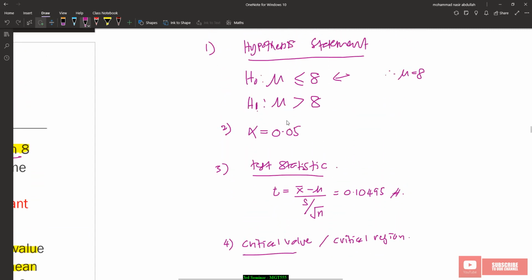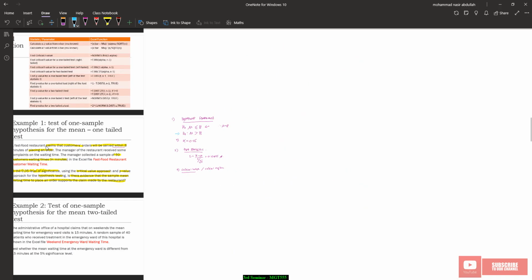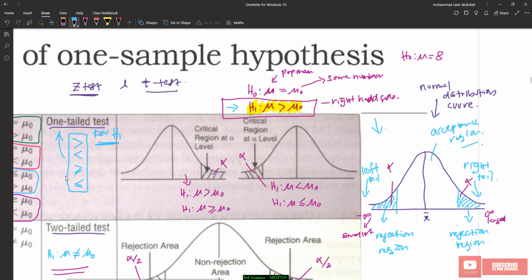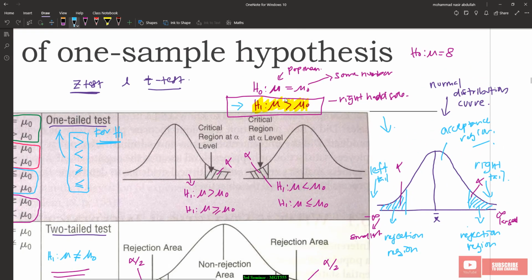So now, let's look at the alternate hypothesis dekat sini. As I said just now, when mu is more than 8, dia akan dapat one tail test. Remember slide tadi saya ulang banyak kali ni. If the alternate hypothesis is more than, less than, more than or equal to, less than or equal to, it lies under one tail test.